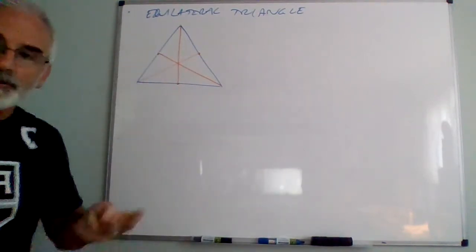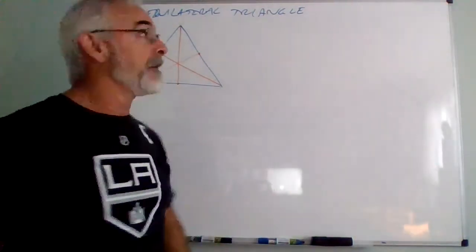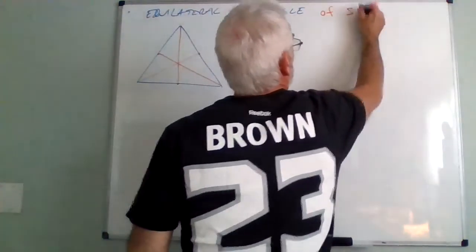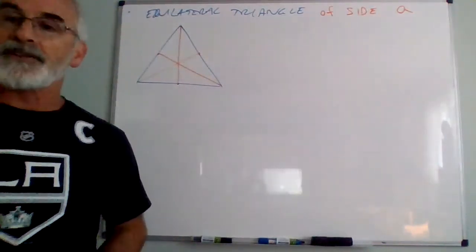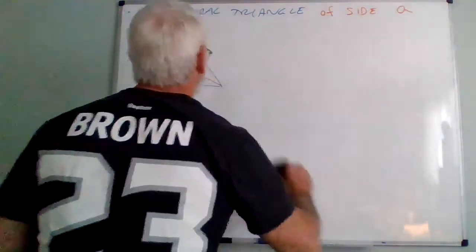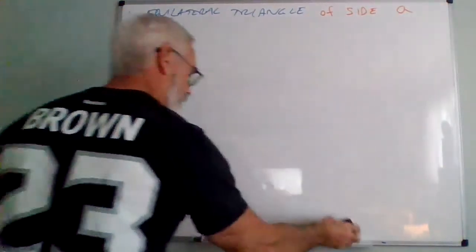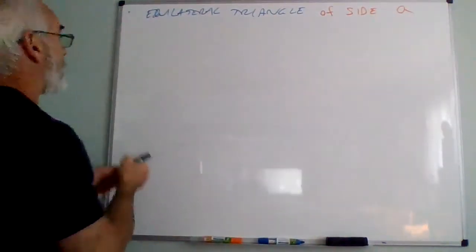Now, we can use algebra and geometry and combine them, but I would like to actually calculate. So let's find an equilateral triangle, how about of side A? An equilateral triangle where every side has length A. Now, the key is, to make this work, I want to do it on the XY plane, but I want to set it up in such a way that it makes it very easy to describe my boundaries.